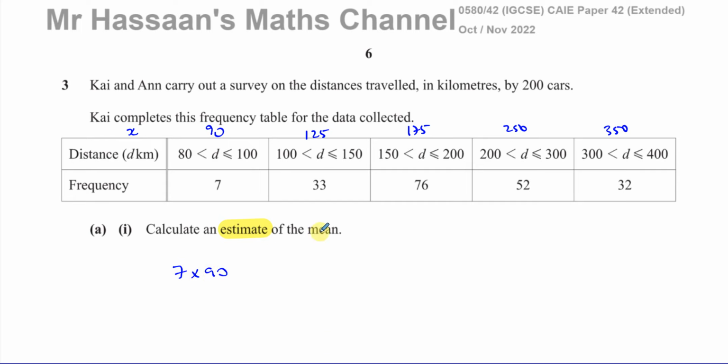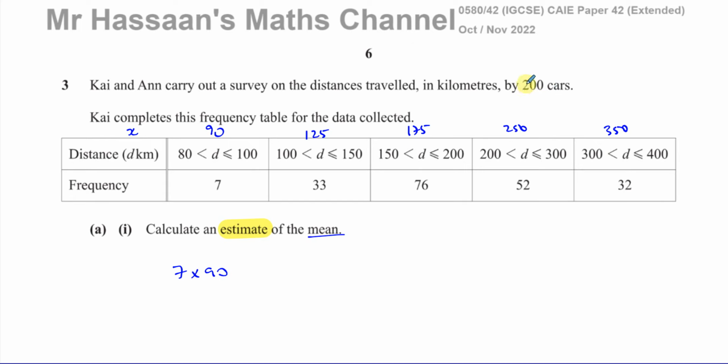So that's the total. Now remember the mean. What is the mean? The mean is the sum of all the values in a set of data divided by the number of entries. So we know we're going to have to divide by 200, because the number of entries is 200, as they told us here. If we added these frequencies together, we'd get 200. Because they told us already, we don't actually need to add them together.